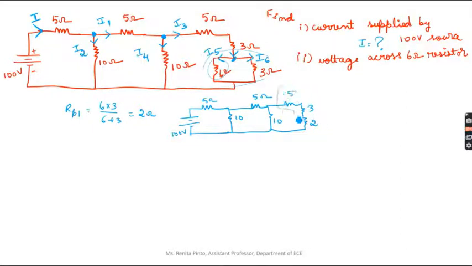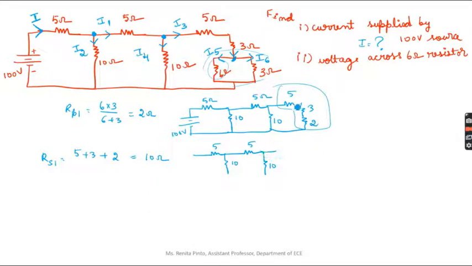Now again, if you see, 5, 3 and 2 are in series. So you can say RS1 is equal to 5 plus 3 plus 2, which gives you 10 ohms. So again my circuit will look like this: 5, 10, 5, 10. This 5, 3, 2 can be written as 10 ohm.